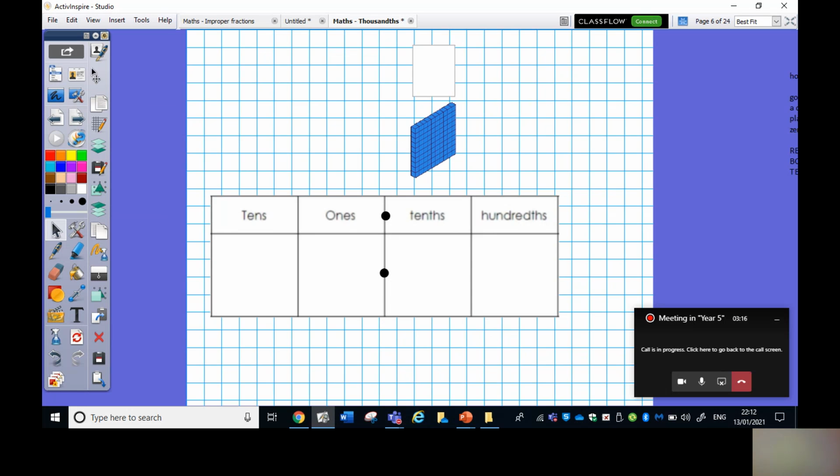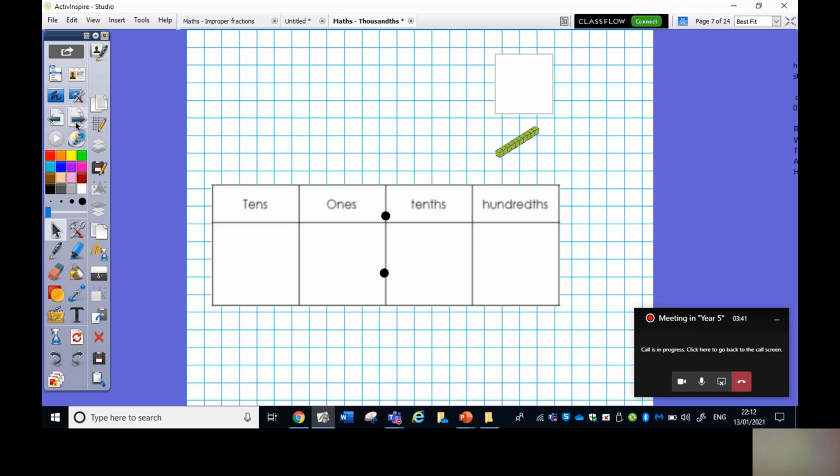It is 1/10. And where would I place it here if I have 1/10? Yes, in the tenths column. Great. Have I forgotten something? Well remembered, yes. I have no ones, so I need to put a placeholder 0. So we read this as 0.1, and that's the equivalent of 1/10.